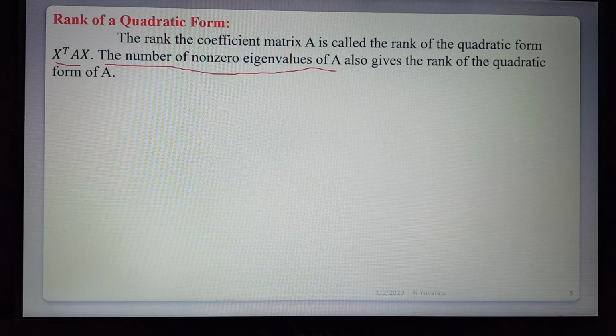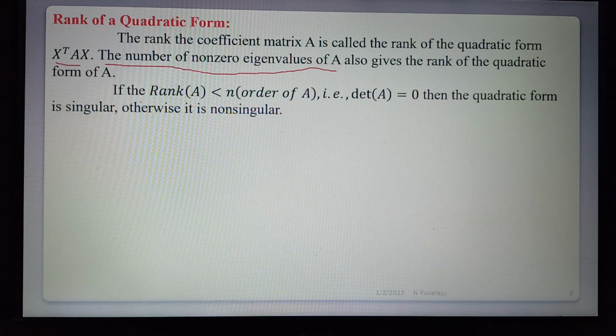Rank of the matrix A is also rank of the quadratic form, and another one, after finding the eigenvalues of A, the coefficient matrix, the number of non-zero eigenvalues is also called rank of the quadratic form. So if rank of A is less than n, where small n is the order of A. In case rank is less than order of A, n, that is det A is equal to 0, then the quadratic form is singular.